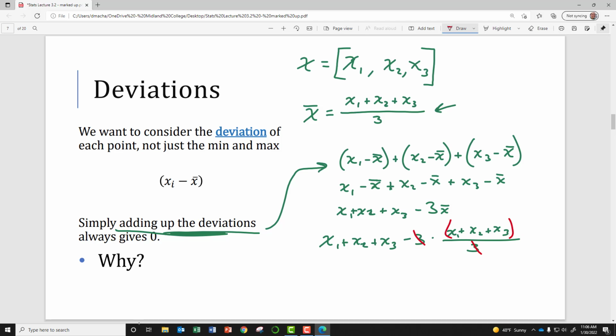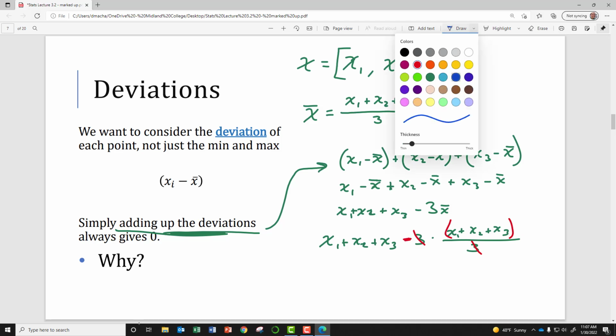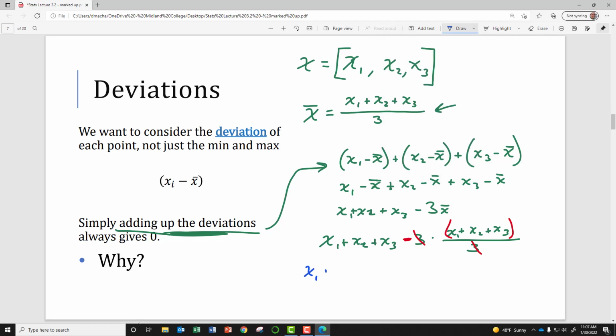And then this negative sign out front is going to distribute to each of those x's. And so what we'll end up with is x1 plus x2 plus x3 minus x1, because I distribute that negative, minus x2, because I distribute this negative, and then minus x3, because I distribute that negative, and of course these all cancel out to 0.